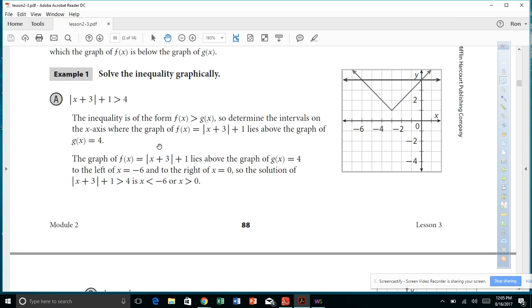The graph of f of x lies above the graph of g of x to the left of x equals -6, and to the right of x equals 0. So the solution is x is less than -6, or x is greater than 0.